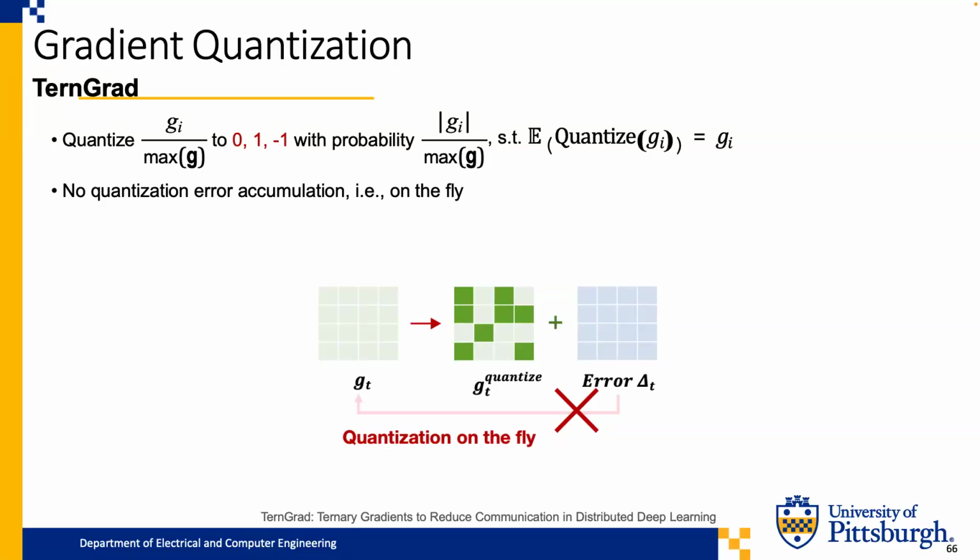What it does is quantize g_i to max(g) times 0, 1, or -1 with a probability, such that the expectation of the quantized value equals g_i. What does that mean? Let me give you an example.